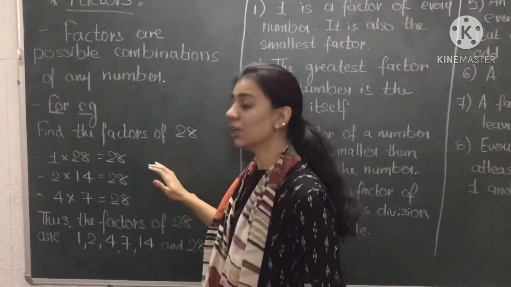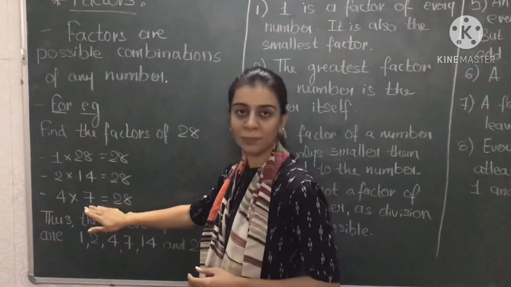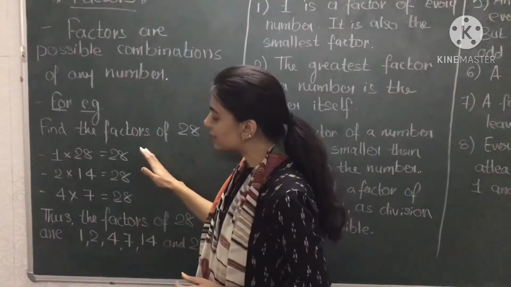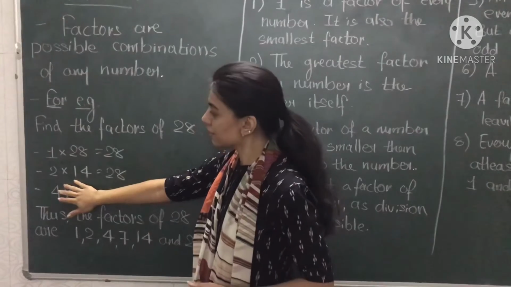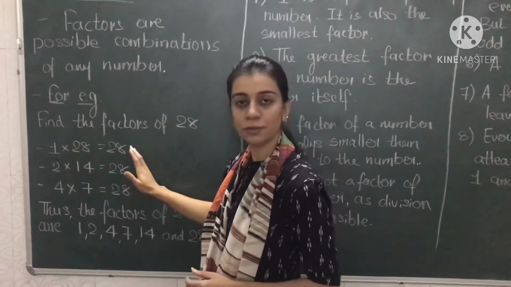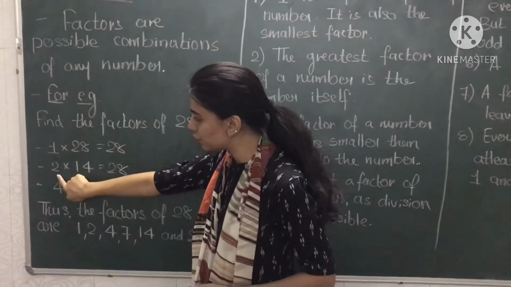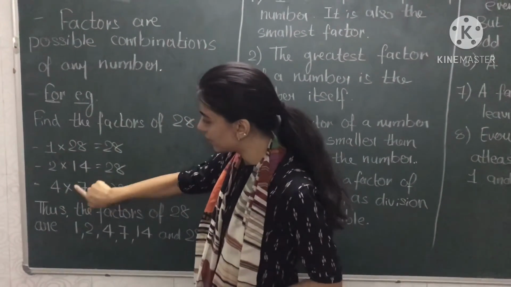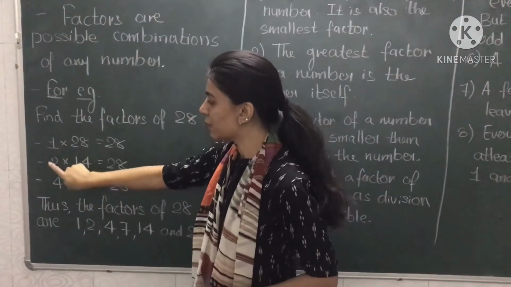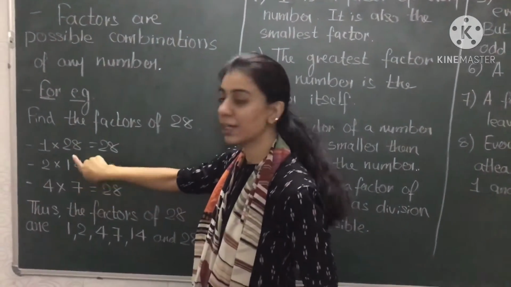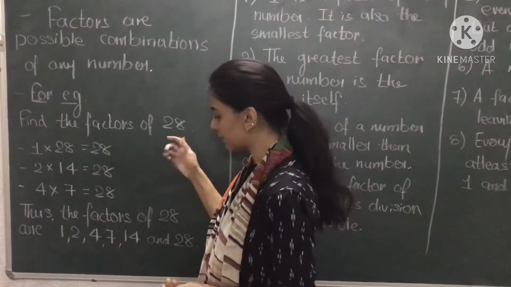Now, when you get the same number that you have written, you should stop there and simply list the numbers you have written for the combinations to form the number as the factors. Here those numbers are 1, 2, 4, 7, 14 and 28. So these 6 numbers 1, 2, 4, 7, 14 and 28 are the factors of number 28.